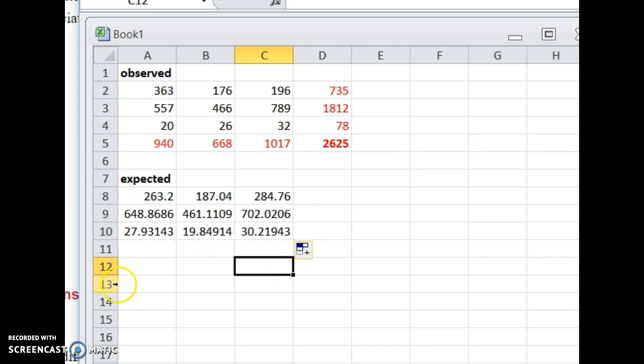There, I've got my expected. Then I do my observed minus expected, just make sure it's squared, divided by what I expect. Okay, just make it bold.